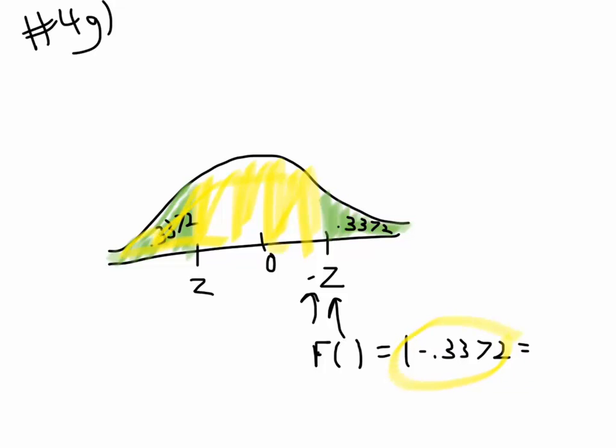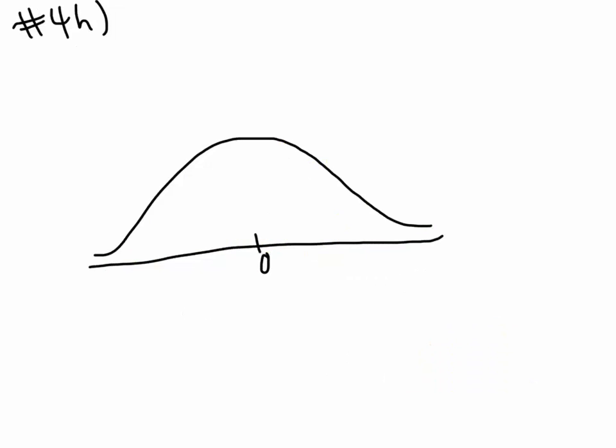That equals 0.6628. So now let's look up in our table where to find 0.6628, and that leaves us this value up here equals 0.42. So we know that this value we were trying to find over here is the opposite of that, negative 0.42.